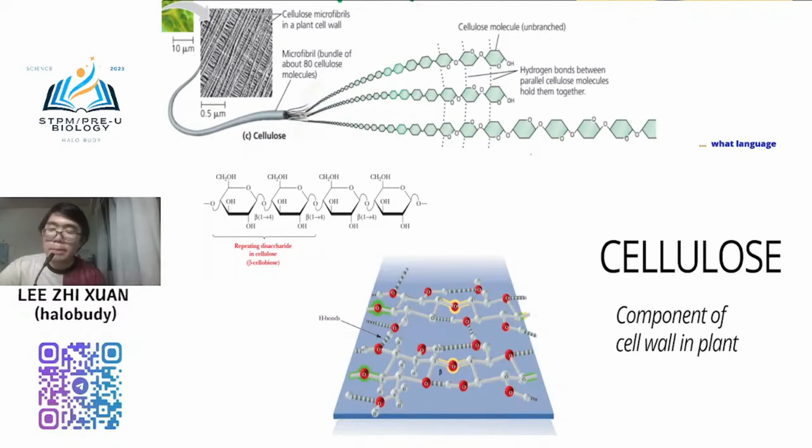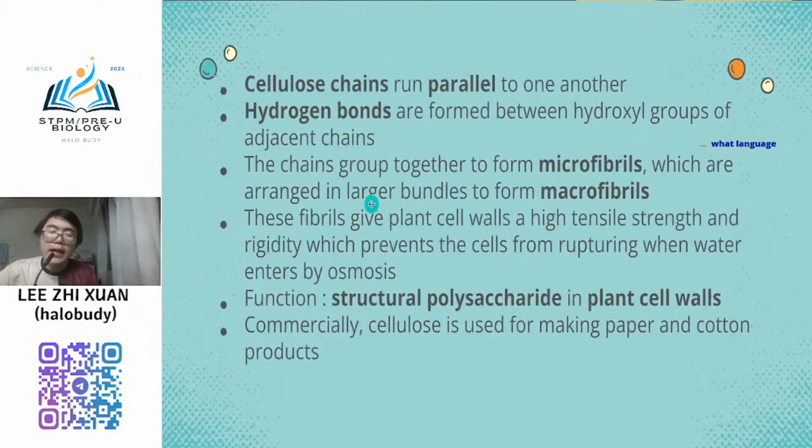Later we will explain in more detail the structure of the cell wall in chapter 2, but cellulose is one of the important things due to this structure. One of its key characteristics is that it makes the plant stronger, more flexible and more rigid. That is why, in a hypotonic solution, the plant cell will not burst compared to an animal cell.